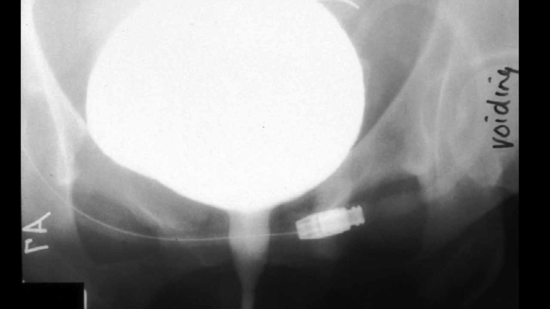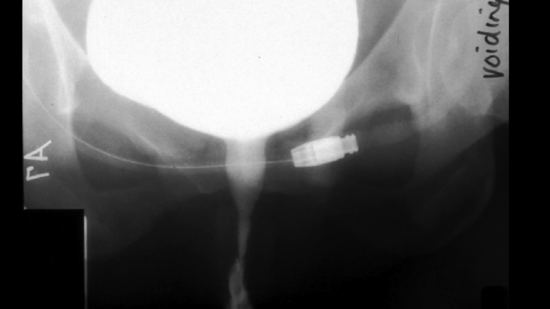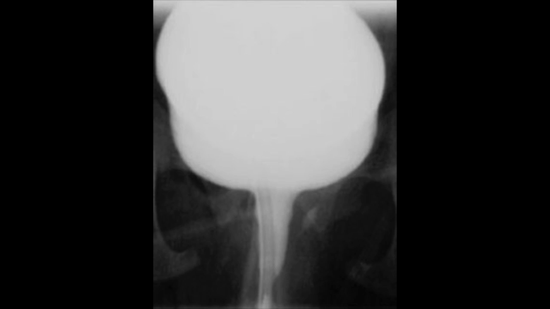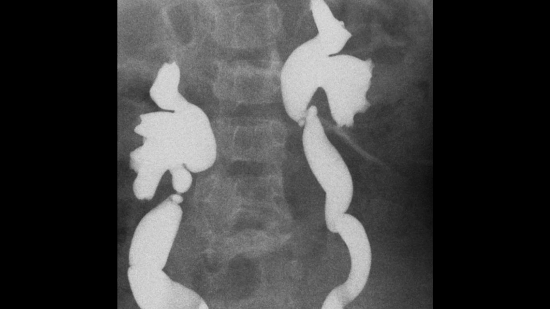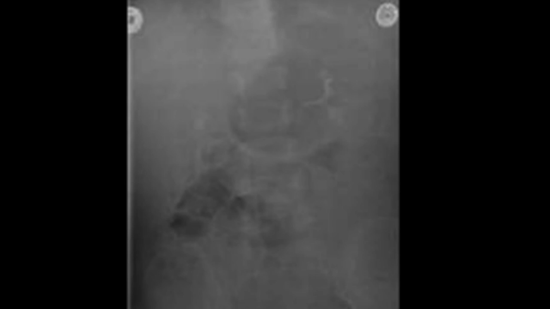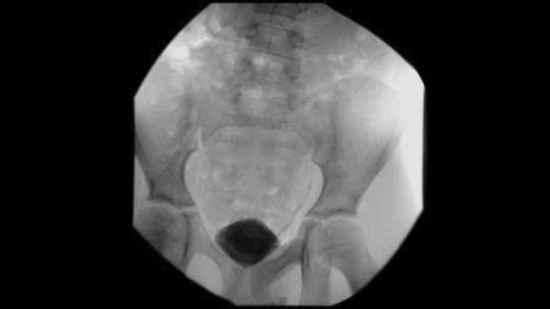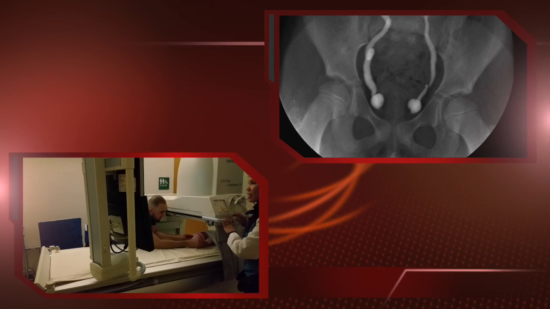The female urethra is generally imaged in the frontal position, and catheter removal is not necessary for optimal views. Spot images of the kidneys immediately after voiding should be obtained to document the presence and grade of reflux, or its absence. A bladder view following voiding should also be obtained to assess the degree of bladder emptying.